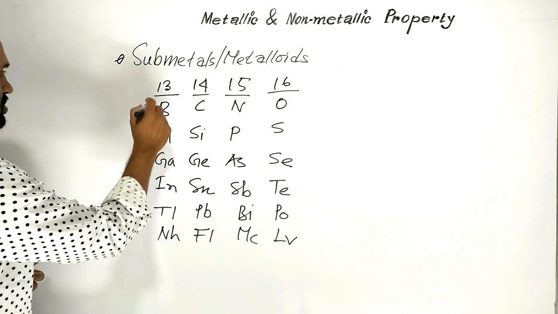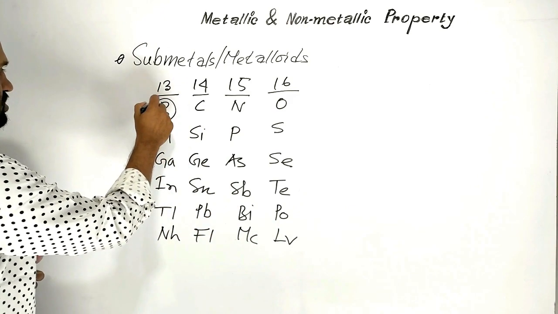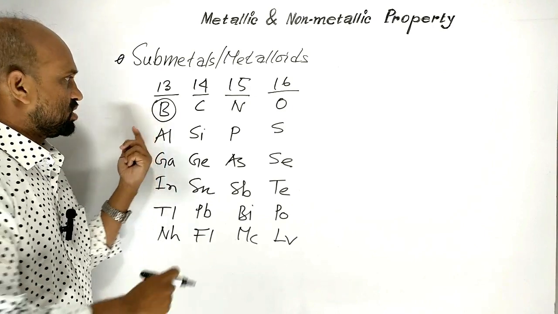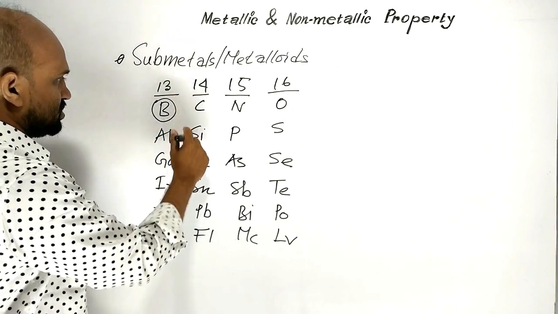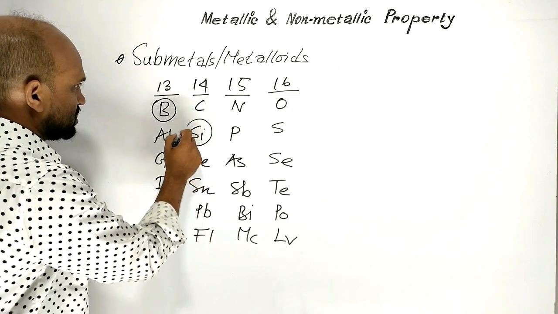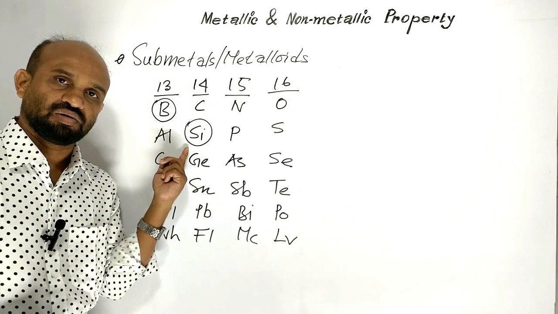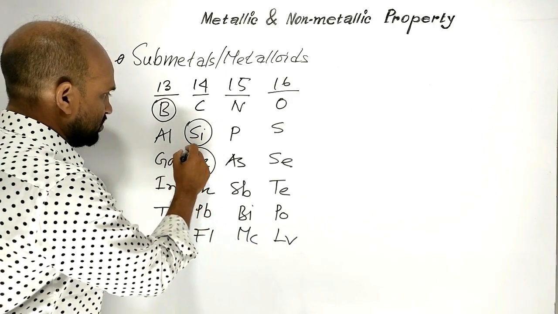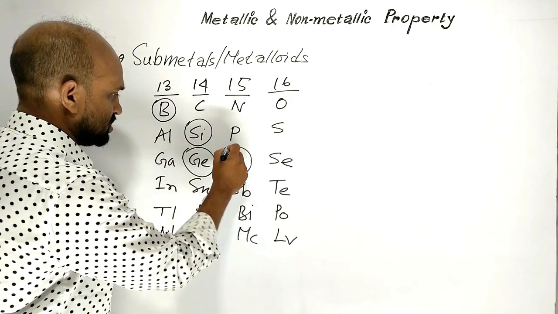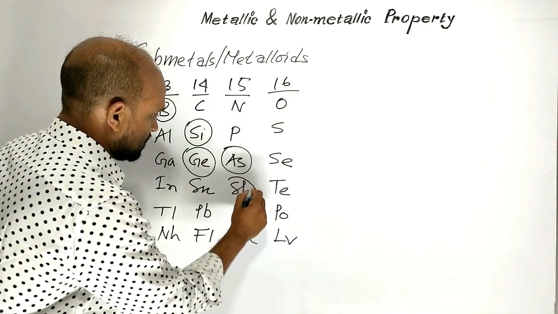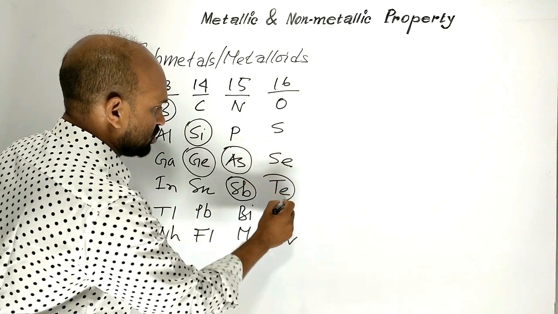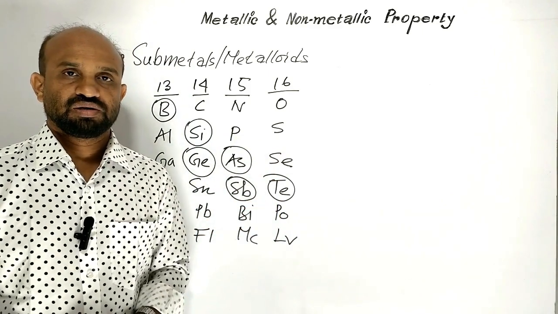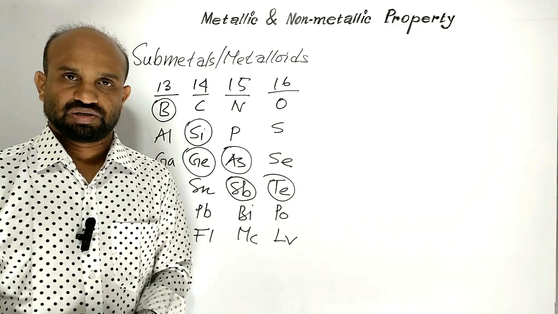From column 13, this is a submetal or metalloid. Column 14, silicon is a kind of submetal or metalloid. Then germanium, arsenic. After that, antimony and tellurium. These elements are mostly submetals or metalloids.